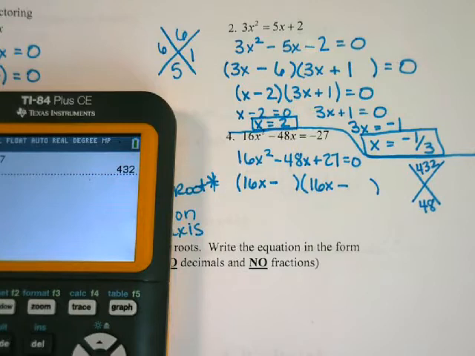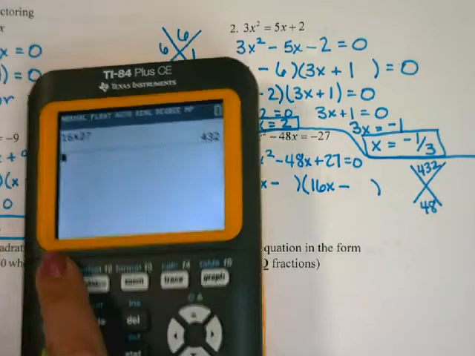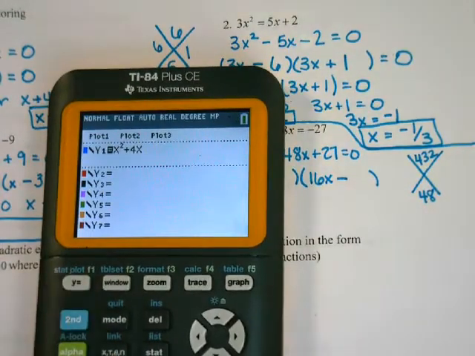Remember the trick to finding your factors? Y equals, and then you do 432 divided by x. Awesome. Thank you, Abigail. You go to y equals 432 divided by x.